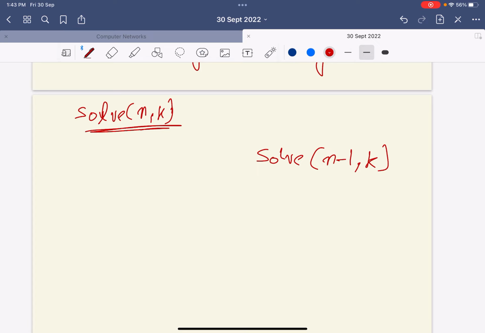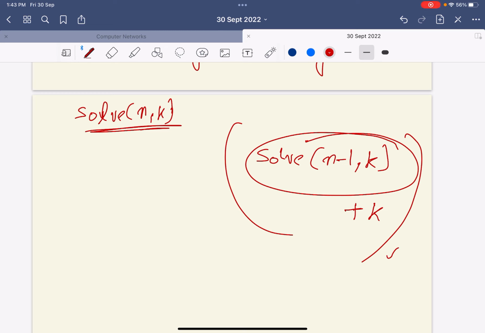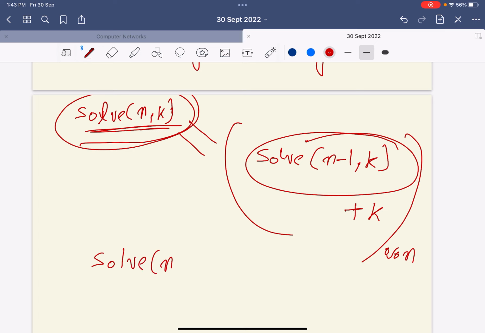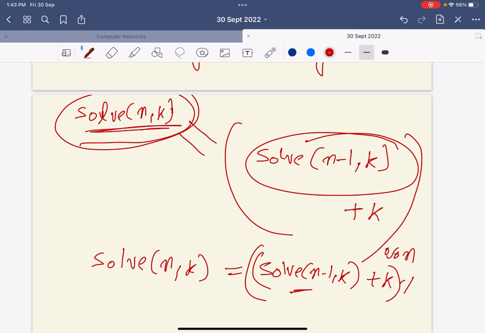And whatever answer I'm getting from here, I will add k to it and take modulo of it with n. That will be my answer to this bigger problem. I can say that solving n comma k is the same as solving n minus 1 comma k, and the answer I'm getting from this problem, I'll add k to it and take modulo of this answer with n. This will be my answer to this problem.